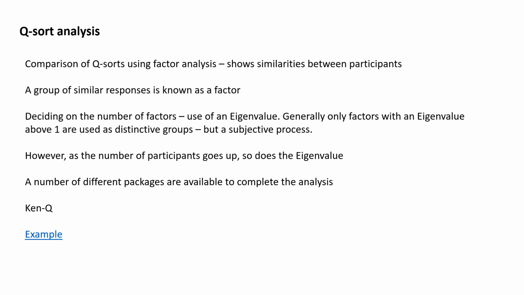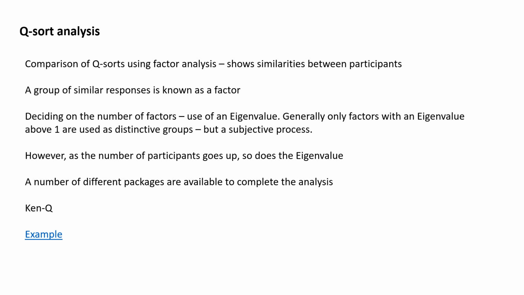So then you've got real problems. So using the eigenvalue is a little bit subjective in its own right, and part of it is to look at the subsequent analysis and see if there is enough difference. I'll show you how this works in a second with a worked example. So as the number of participants goes up, so does the eigenvalue.